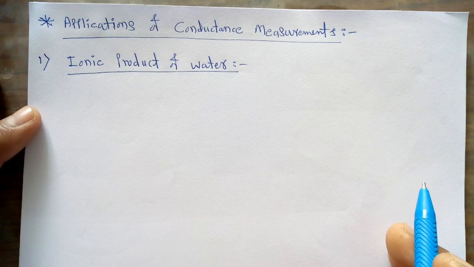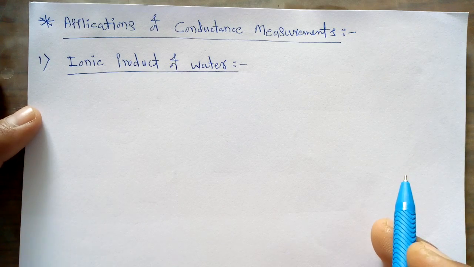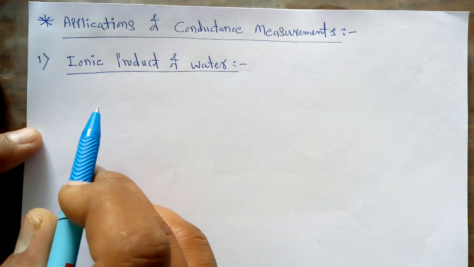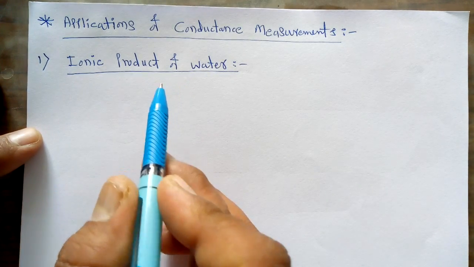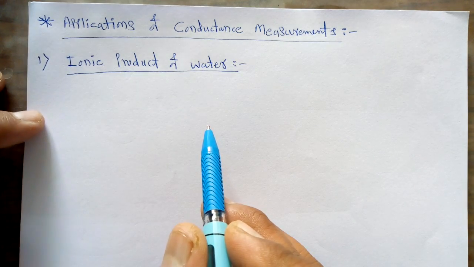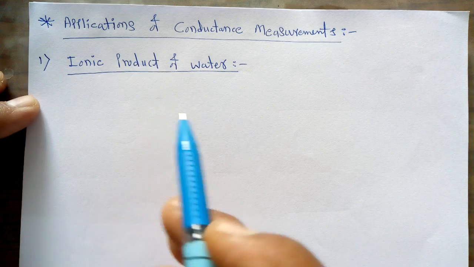So we have to study these applications. The first important application of conductance measurements is regarding water. It is called the ionic product of water. How conductance measurements are useful, we have to study in this first application regarding water.